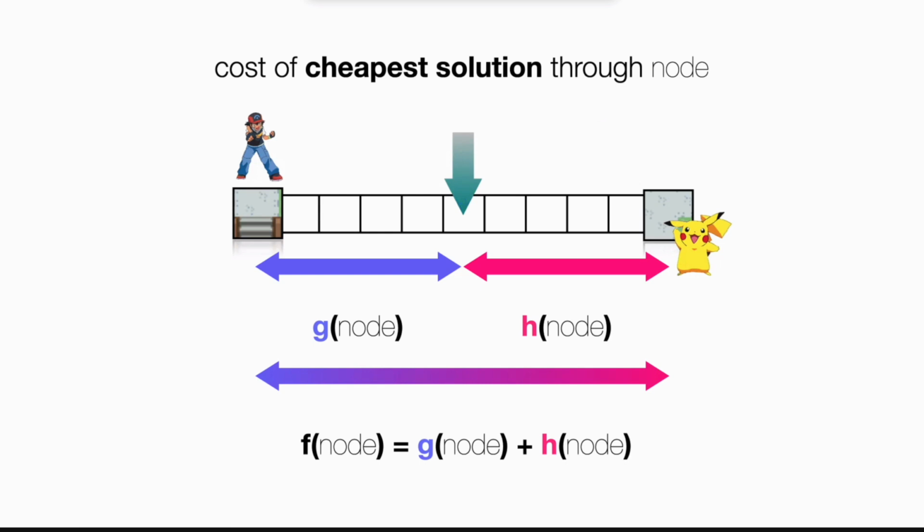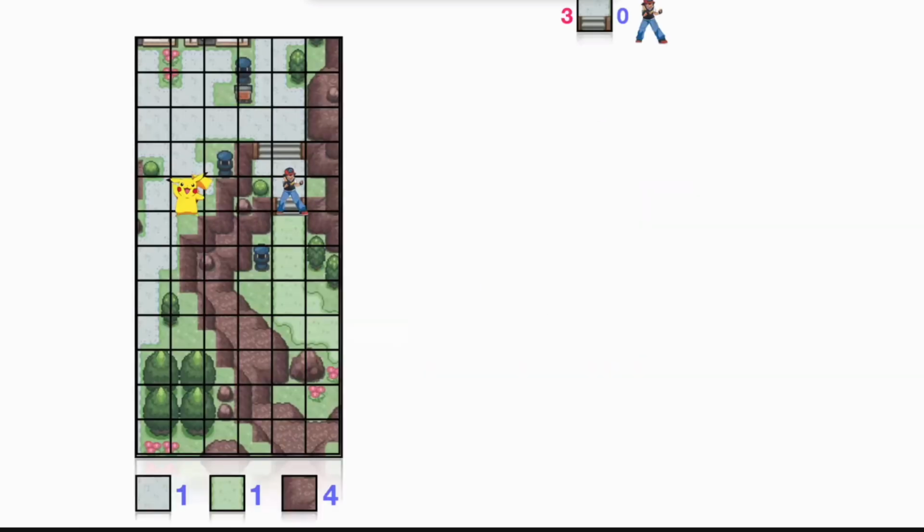So let's apply this. And let's go back to the same example. And now our search nodes have two numbers. We've got the number which represents the heuristic on the left and the number which represents the accumulated cost on the right. So we expand this node, okay?